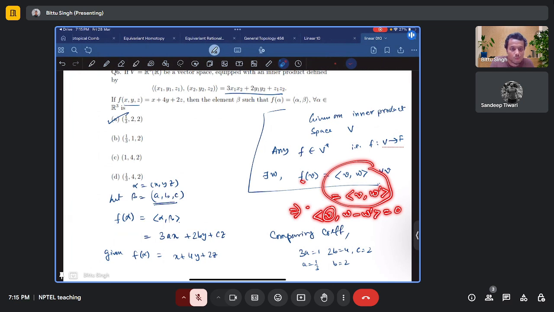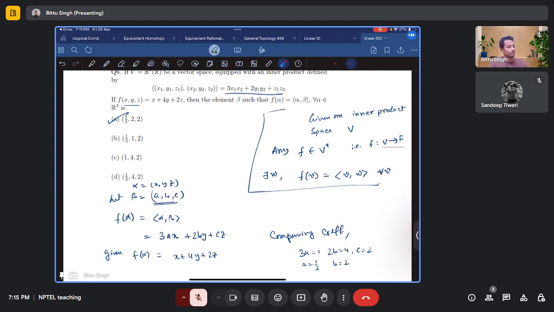That will give you the norm of w minus w dash is 0, but that will imply w equal to w dash. Norm is 0 if and only if the vector itself is 0. That means those two are the same. Okay. So I should write there exists a unique w.